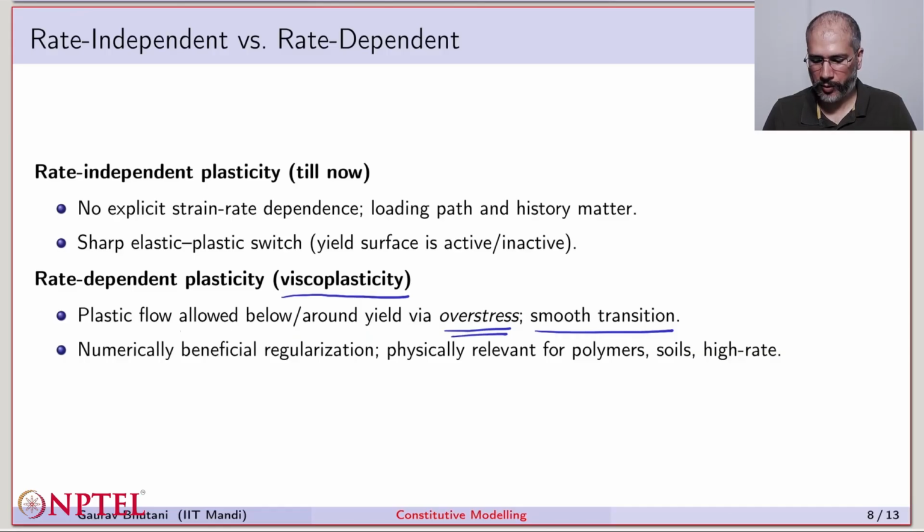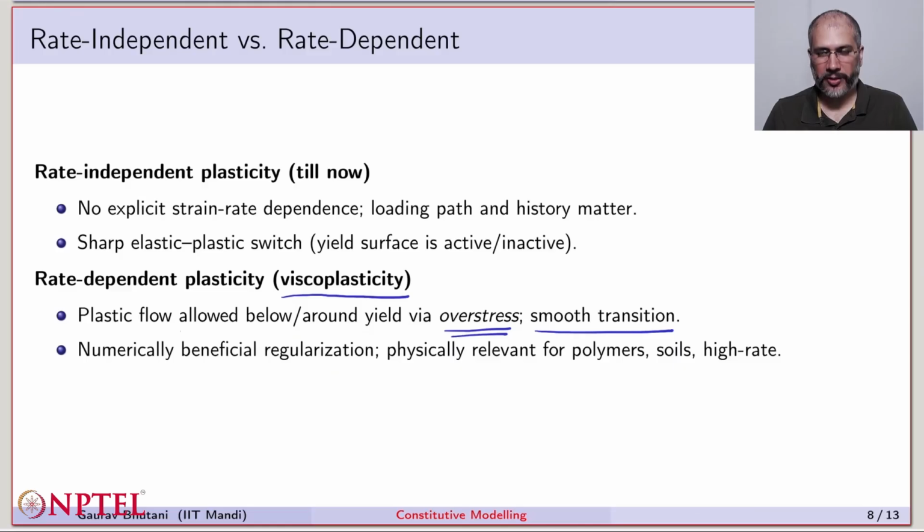But in this viscoplastic model, we say that we can take our stress beyond the yielding values, and depending on how much of an overstress we are applying, the rate at which the material deforms plastically will be different. So how fast plastic flow will happen is something that can be explained with these models.